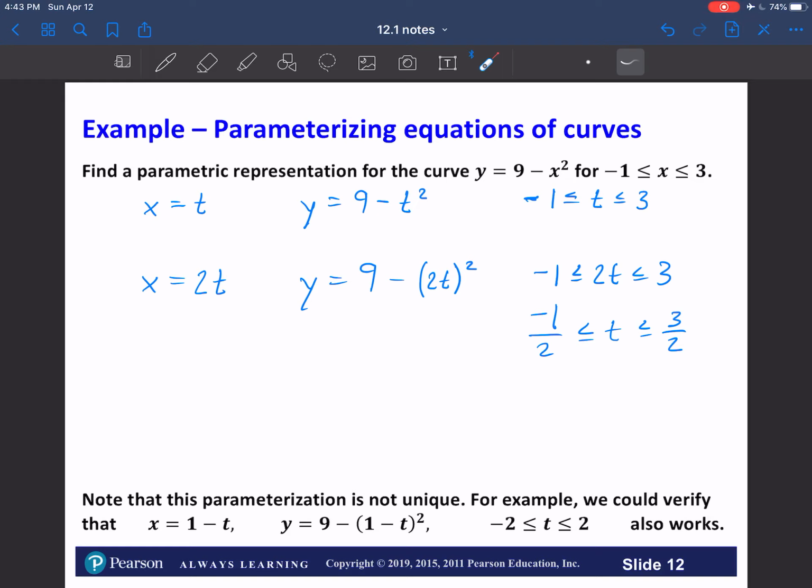I think you would need this whole thing times 2. Yeah, and then, I don't know, it's something like that. And then perhaps you would get better bounds. Anyway, the idea is that it will change your bounds for t, and perhaps it'll make it look better. All right, there's infinitely many ways to express any curve using parametric equations.